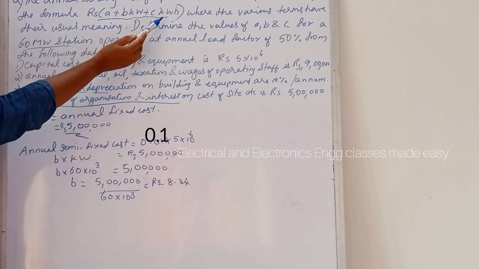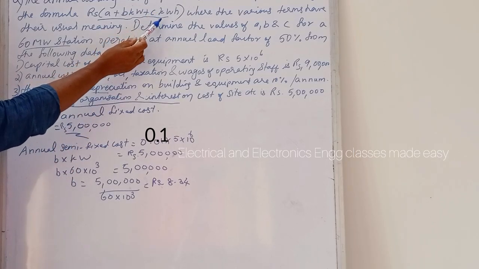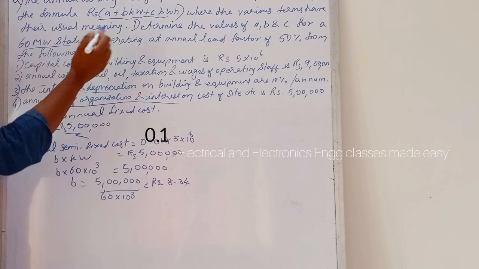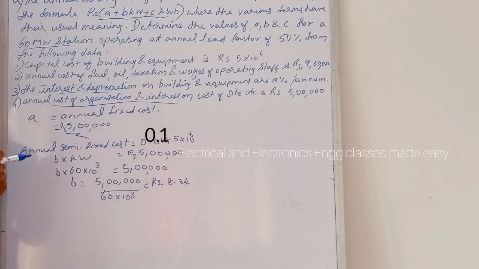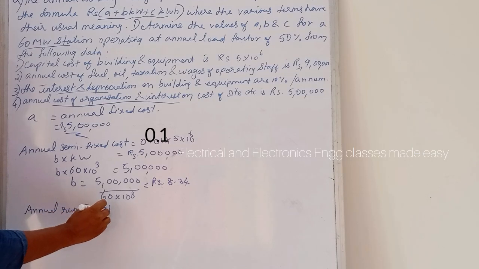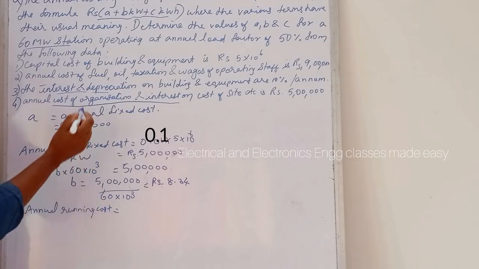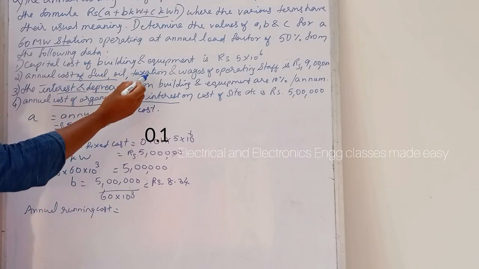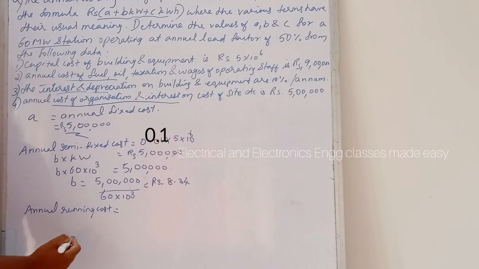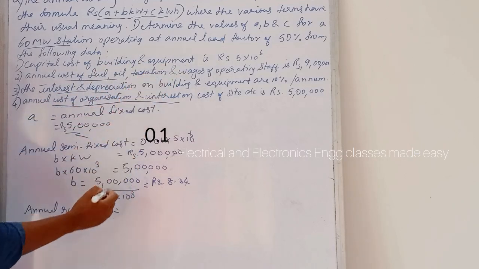Now we can find the value of C. C is the third term, which consists of the running cost. Running cost is C into KWH. We have to find the annual running cost first. This is due to the fuel, oil, taxation, wages of operating staff, etc., that is equal to 9 lakh.